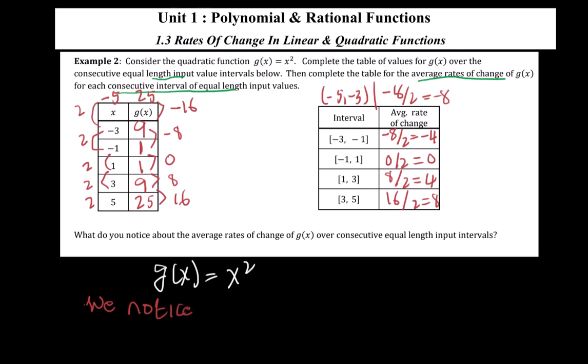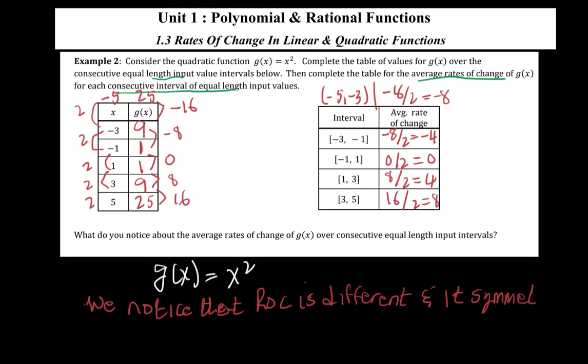that the rate of change is different. It is symmetry on the interval -1 and 1, and it goes from positive to negative.